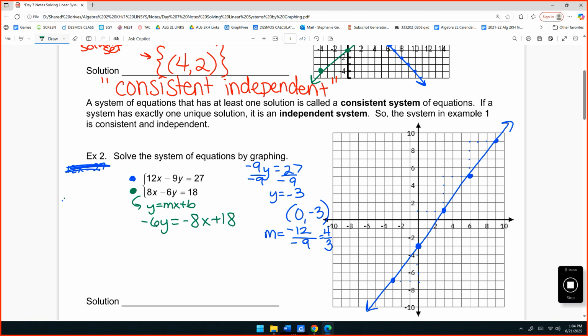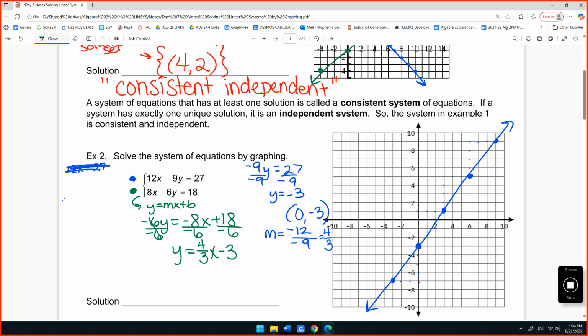And then divide everything by negative 6. So then the slope-intercept form would be negative 8 divided by negative 6 would be positive 4/3 x. And then 18 divided by negative 6 is negative 3.